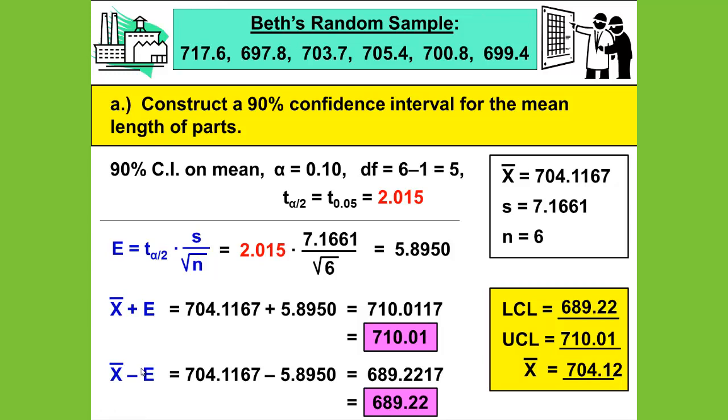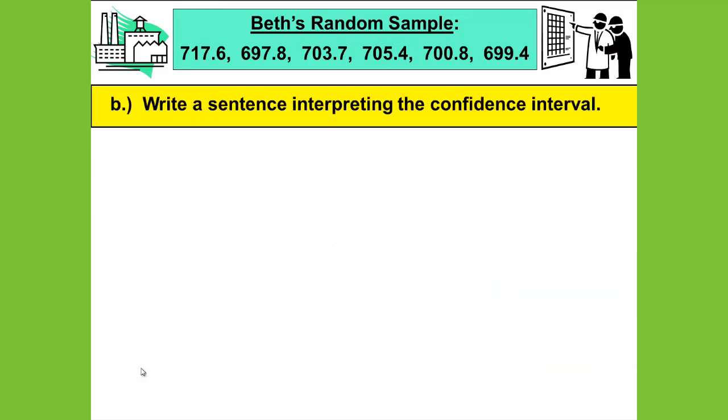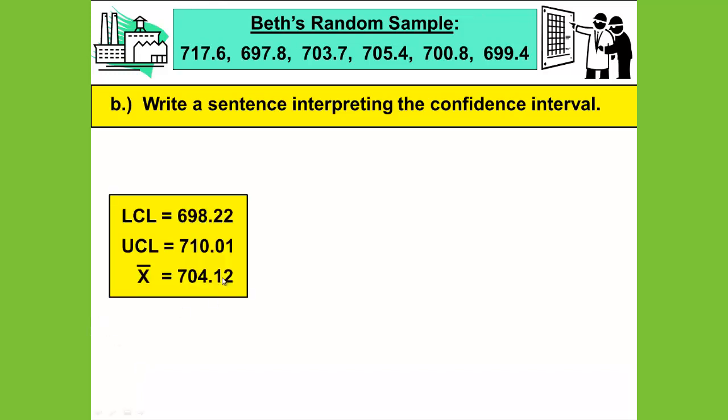And we have the information that we need to go to Part B, which is to write a sentence interpreting the confidence interval. Remember that your sentence will start with, I can say with blank percent confidence that the blank is between blank and blank blank. Well, let's just fill that in.